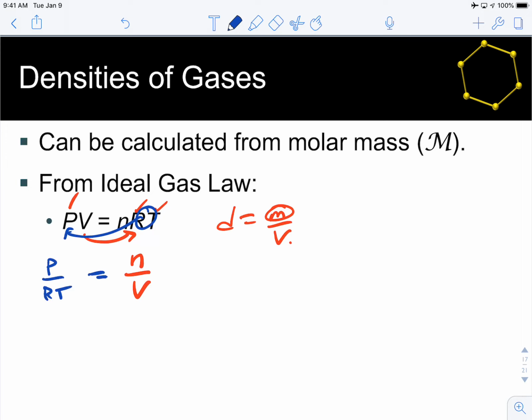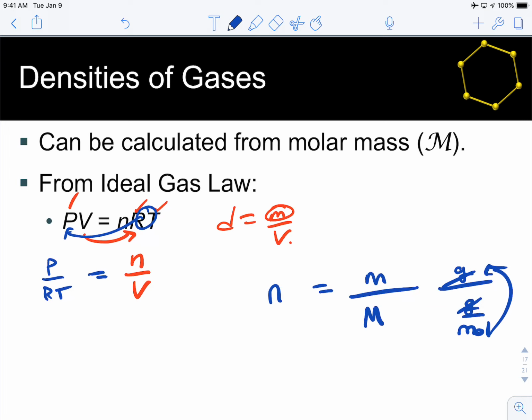And if you look at units, you can realize that N, which is moles, is equal to the mass of a gas divided by its molar mass. If you will, grams divided by grams per mole, right? Moles comes up here because 1 over moles is moles. The units of that is moles. So you can see where I'm going with this, and we'll do some example calculations in class.